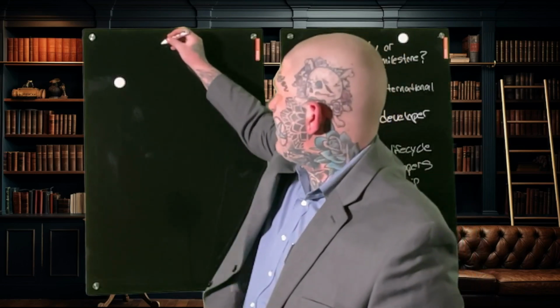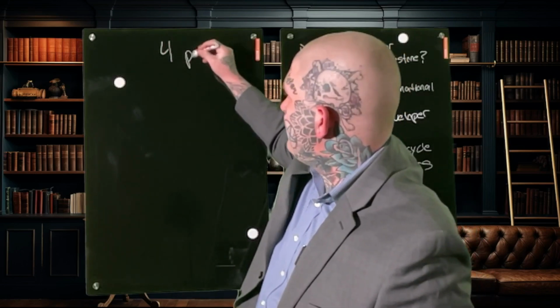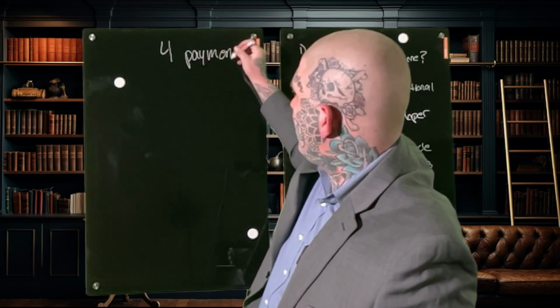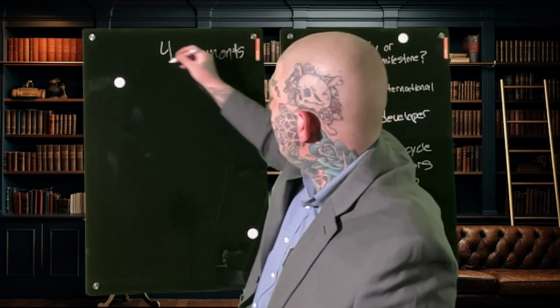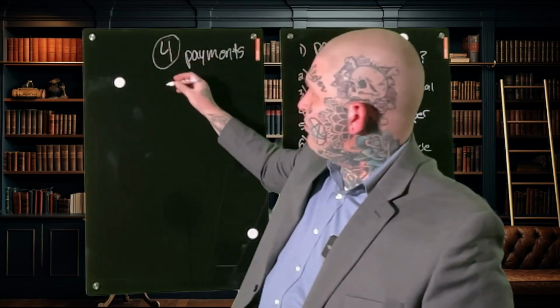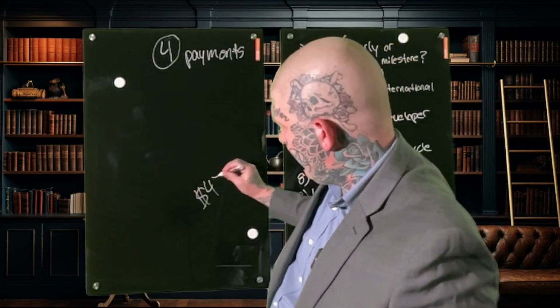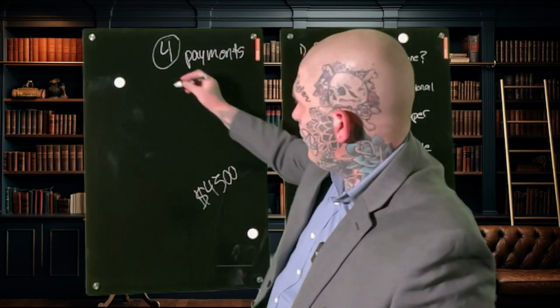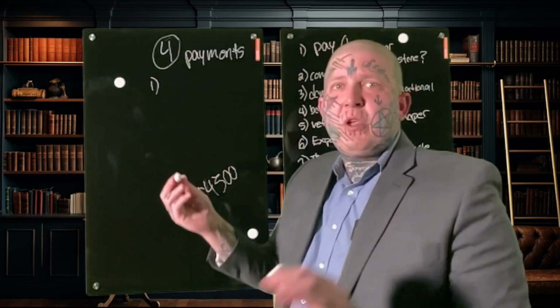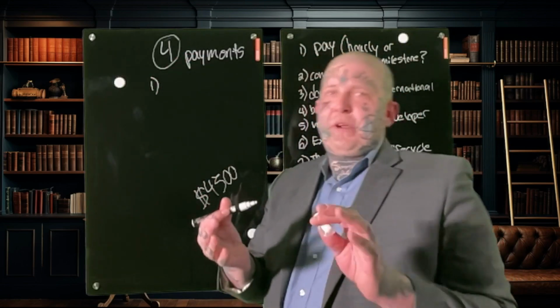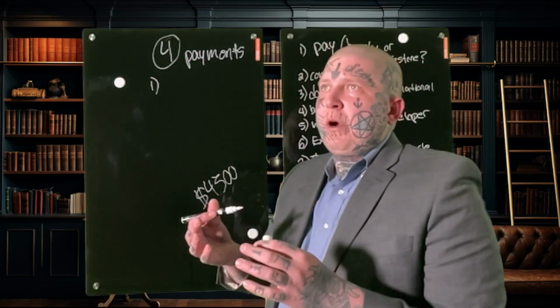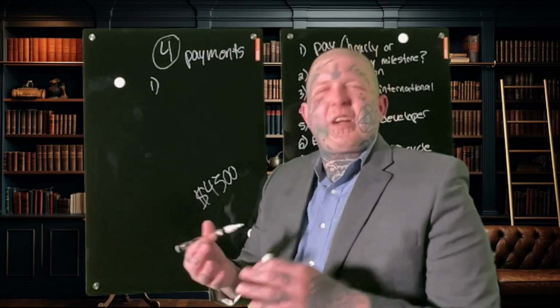So say you have a milestone of 4 payments total. You can break that into however you want. So say the total is $4,500. We could do first milestone. Say this is a more labor-intensive milestone, right? So say this includes more hands-on work or more complex work.